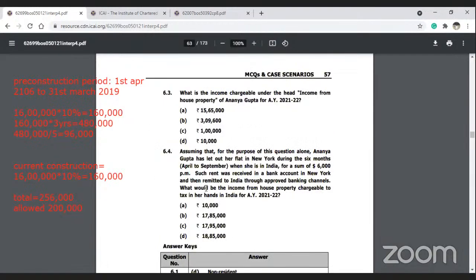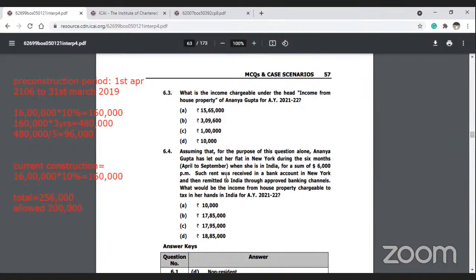Assuming that for the purpose of this question alone, Ananya Gupta has let out her flat in New York during the 6 months when she was in India for $6 lakh per month. Such rent was received in the bank in New York and then remitted to India through approved banking channels.